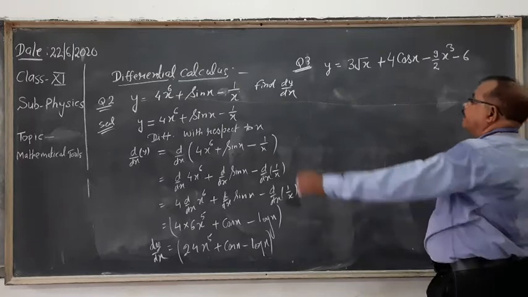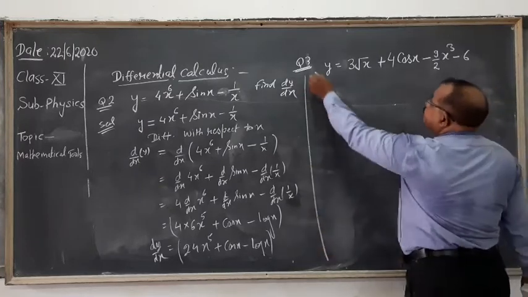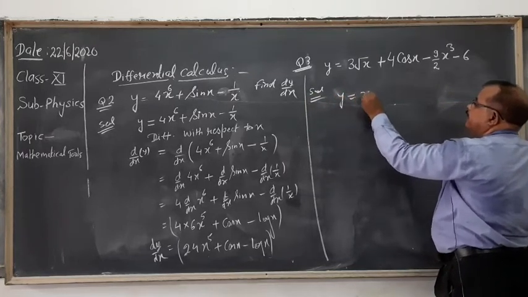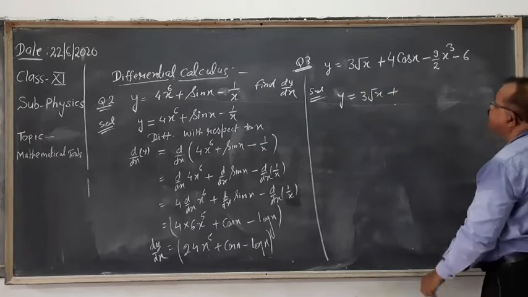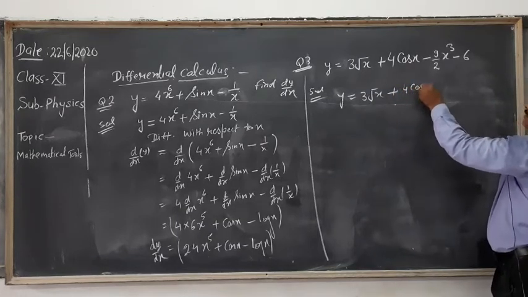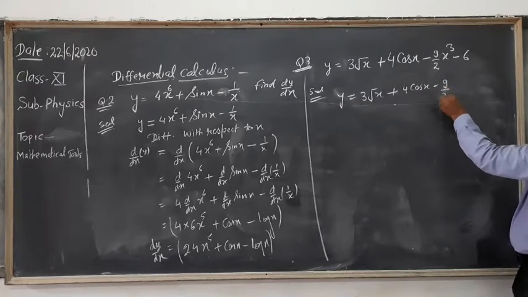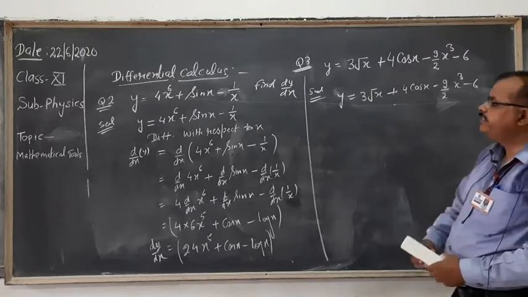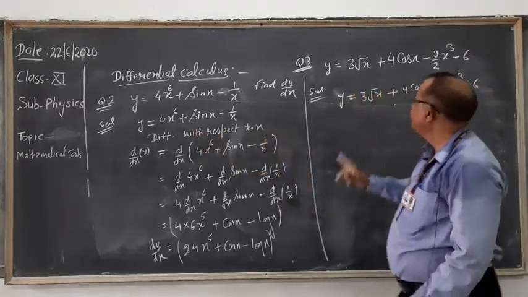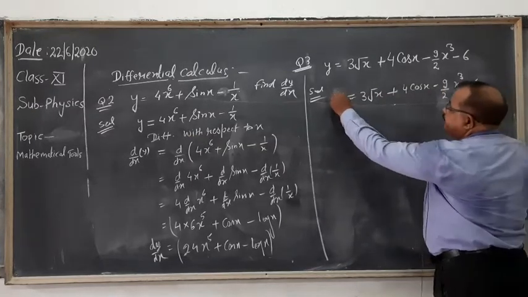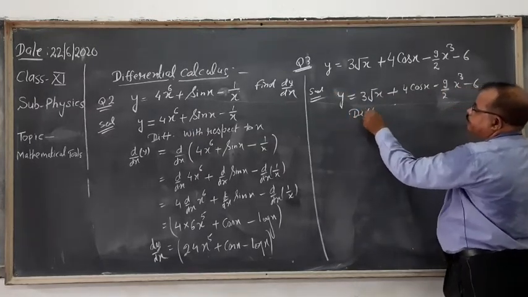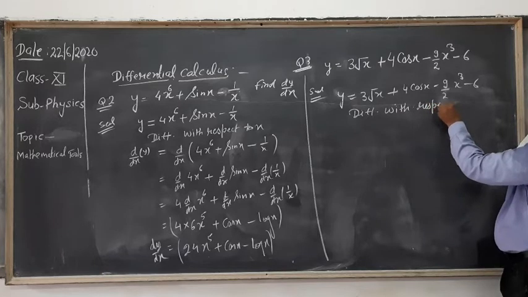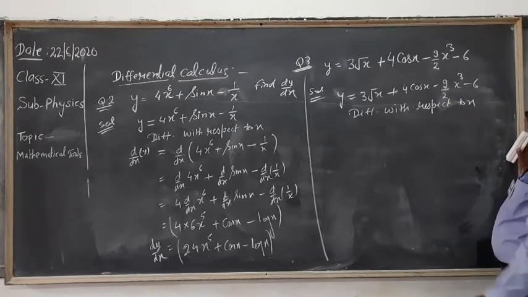Okay. Now see, y equals 3 under root x plus 4 cos x minus 9 by 2 x cube minus 6. So first of all, differentiate with respect to x like this. First of all, write here, differentiating with respect to x, both the sides.